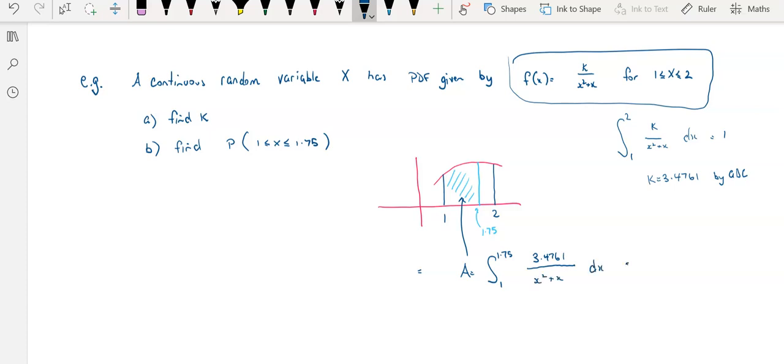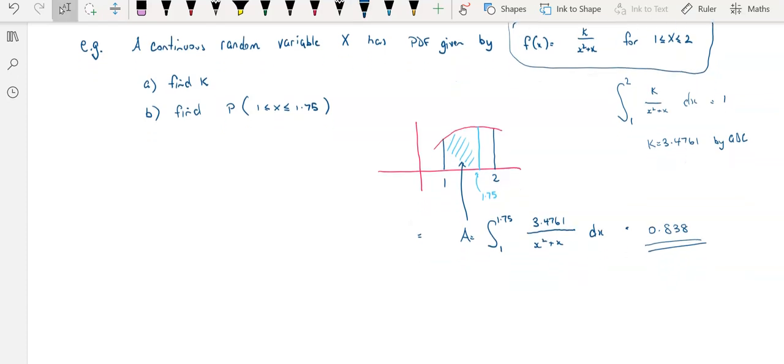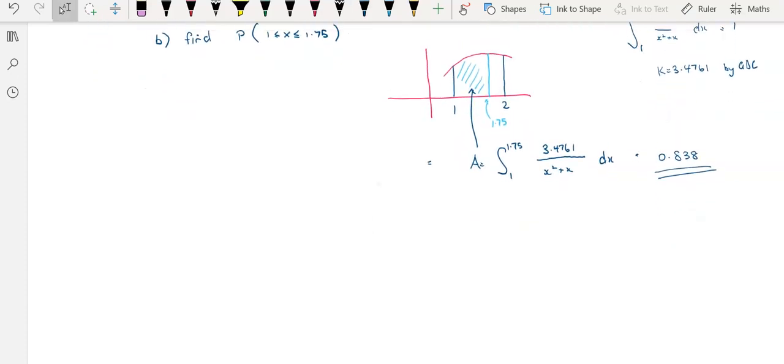Use the calculator to display that, and that will get you 0.838. Pop that into your calculator: 0.838. So that's just dealing with the idea of finding a probability using area. Now we're going to go and find some cumulative distribution functions to help us with this process of finding the area.